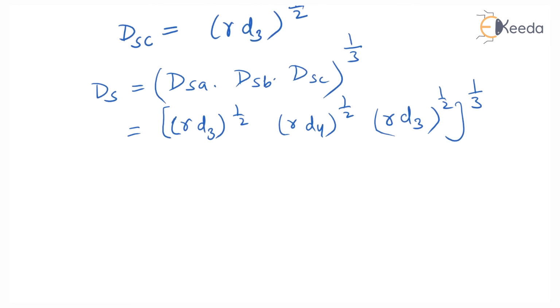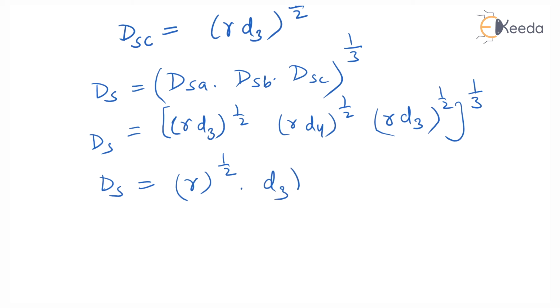On simplifying, we get R to the power 1 by 2, because 1 by 2, 1 by 2, 1 by 2, R cube into 1 by 2 into 1 by 3. So this is equal to R to the power 1 by 2.